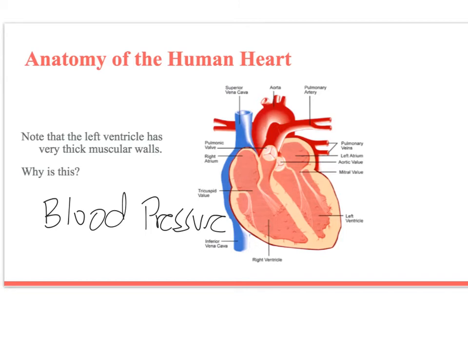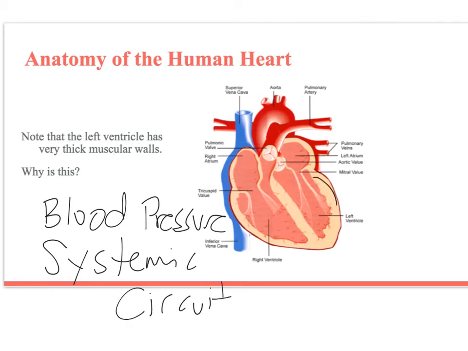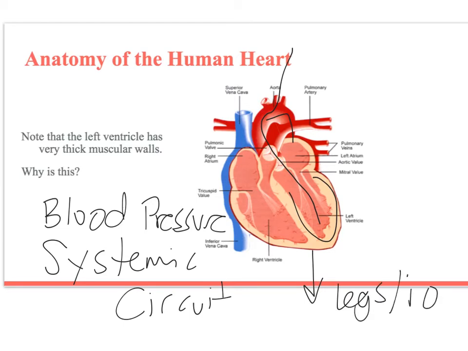The other thing is that this is responsible for pumping blood through the systemic circuit. Okay, systemic circuit. So when we think about just how big this is, it's got to pump blood up to the head, all the way back down here to the legs, and up to the internal organs. I'll put IO for that.